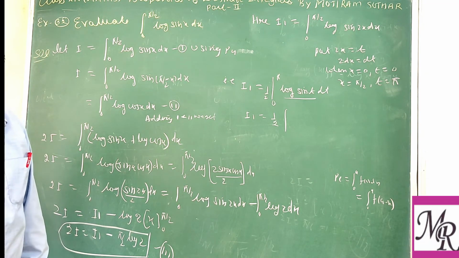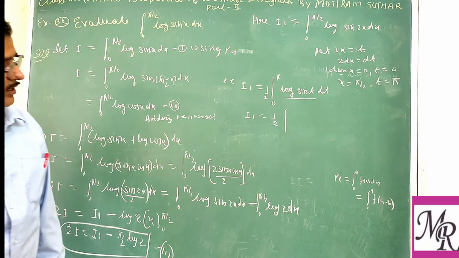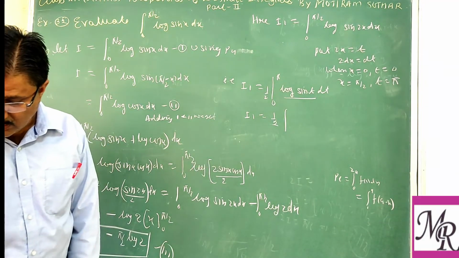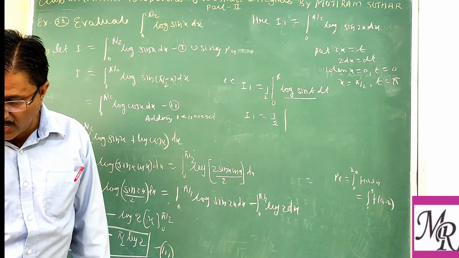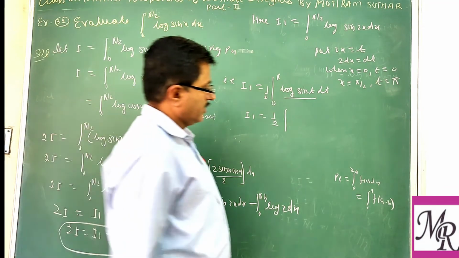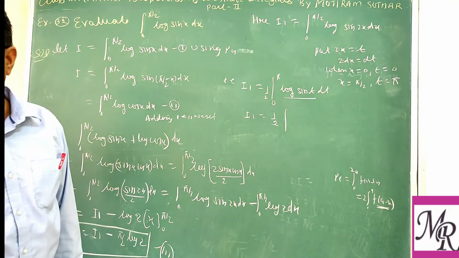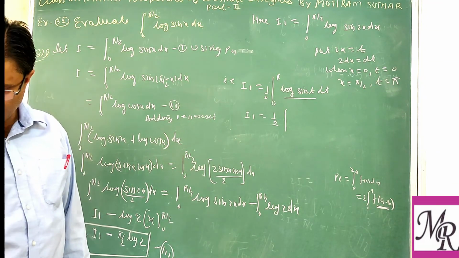See here, P6: integral 0 to 2a of fx dx is equal to twice integral 0 to a, if the function f of 2a minus x equals fx.